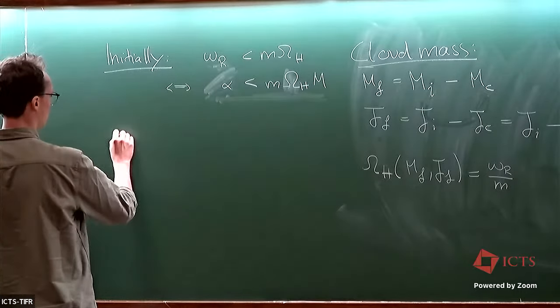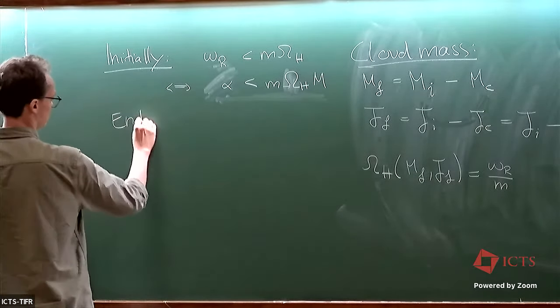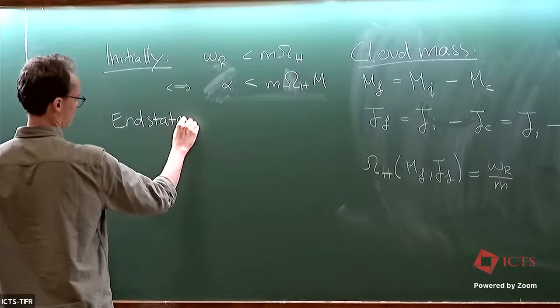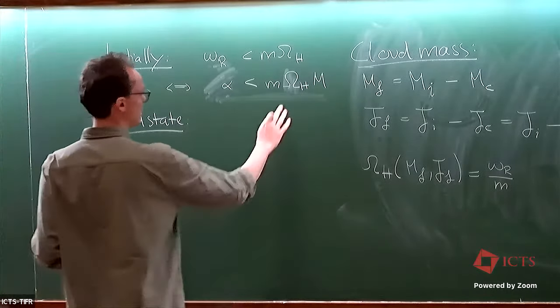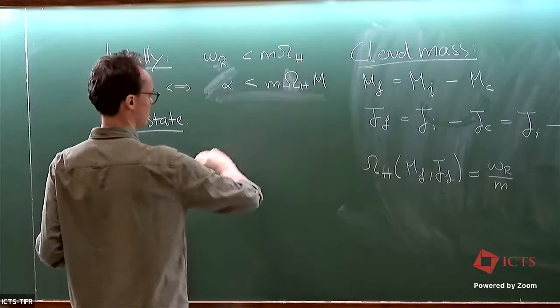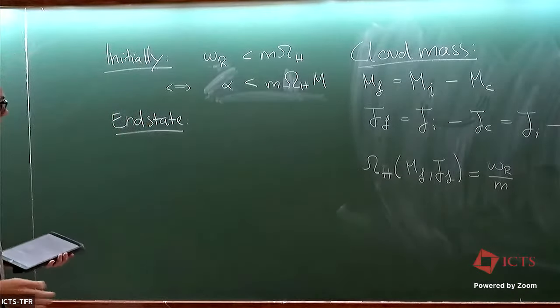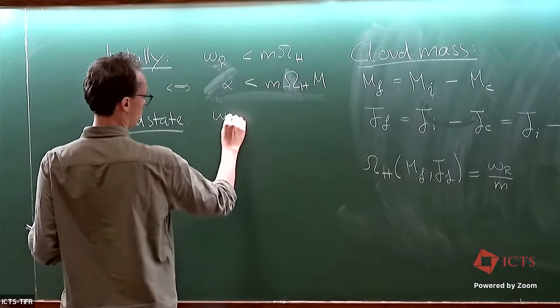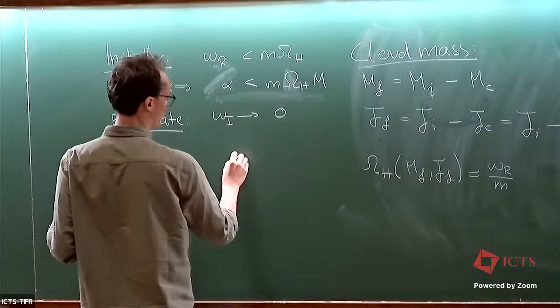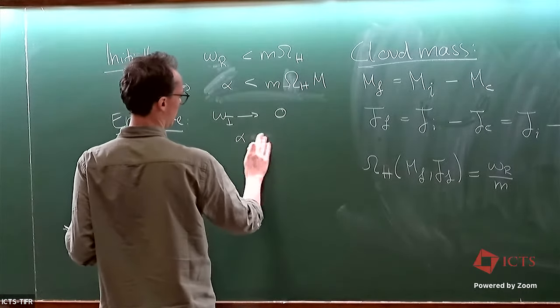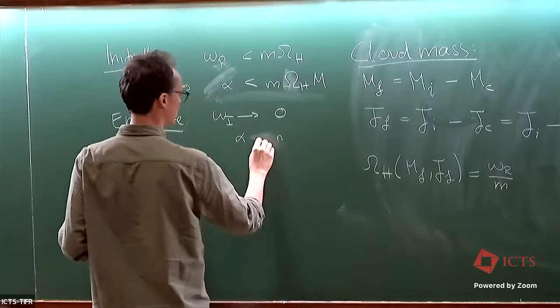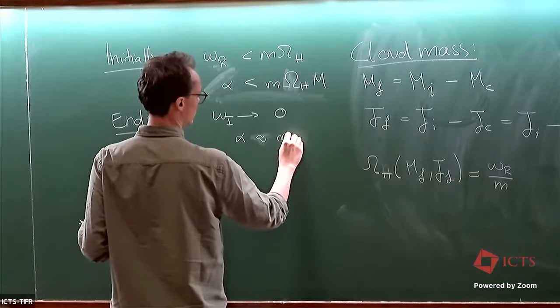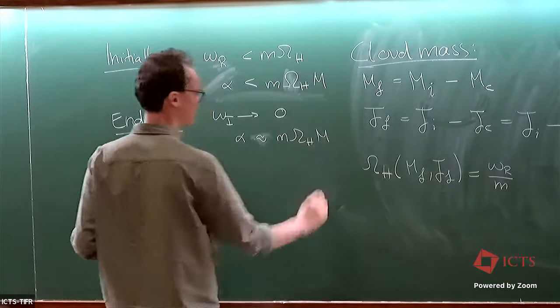So the end state is that this matches. And the reason that it matches is that at this point, omega I goes to 0 whenever alpha is approximately equal to m over h.